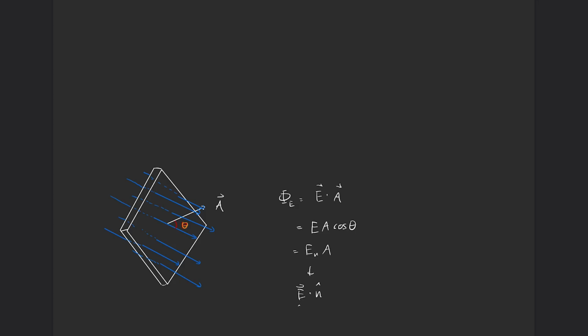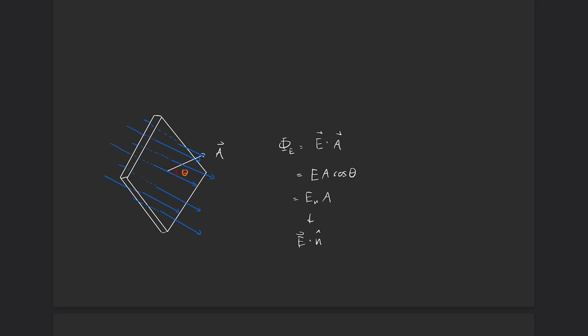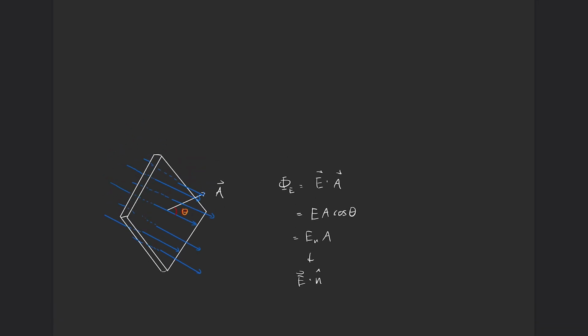So that's what the dot product represents. Note that with the definition, the electric flux is positive if the electric field lines are leaving the surface, so in this direction, and they are negative if they are entering the surface, so when they're entering here.